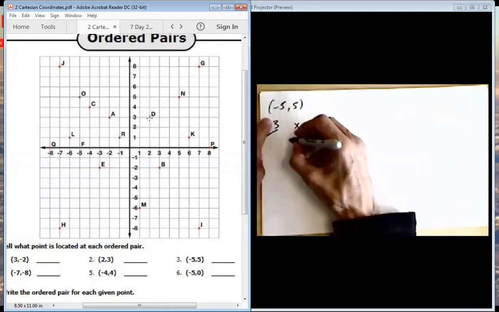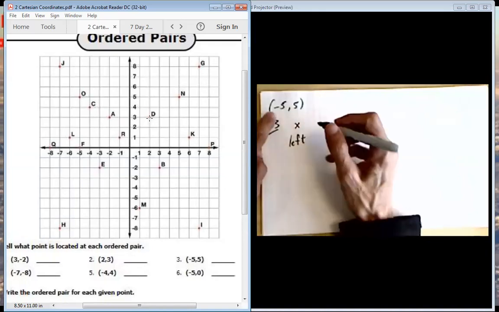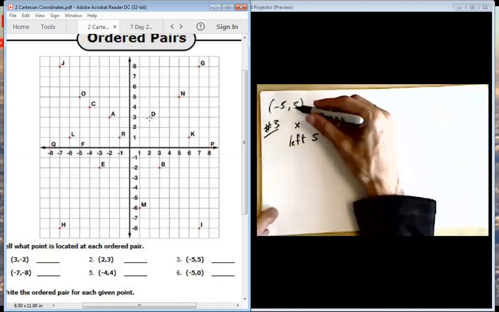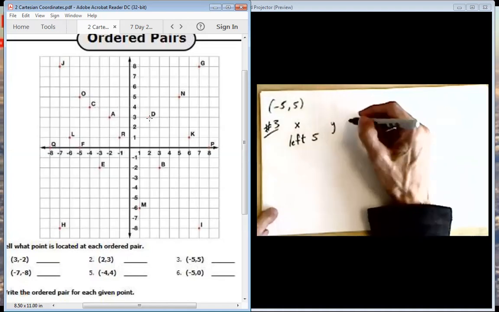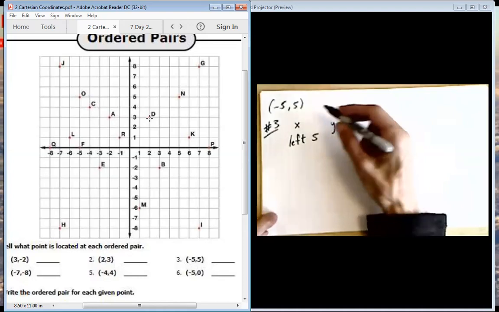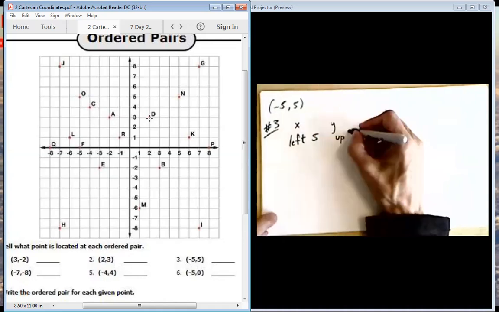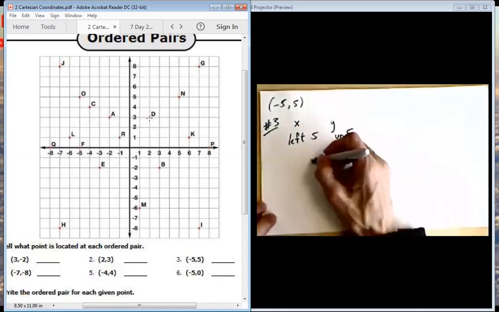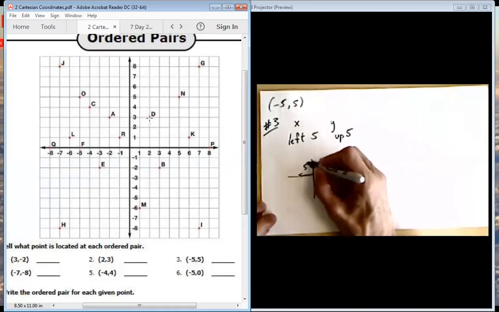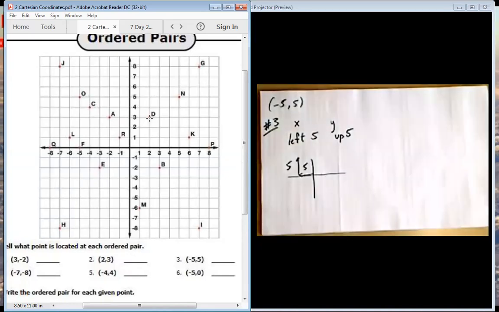Nice. So it's going to be on the left because it's a minus. Left by 5. And then what does this number show? It's positive. It shows the Y direction. So because it's positive, where does it go? How far? 5. Okay, so from the origin, we're going to go left by 5. We're going to go that way by 5. And then we'll go up by 5. And that'll get us to our point.